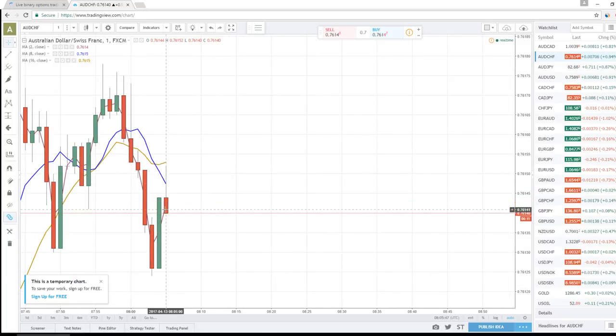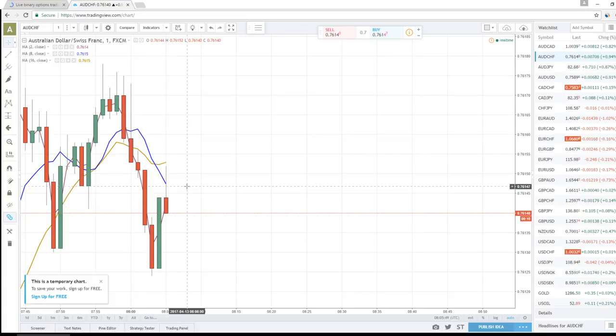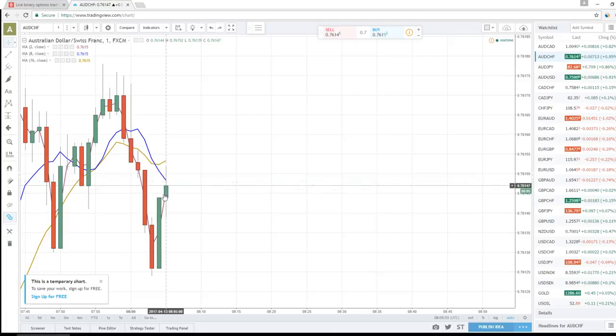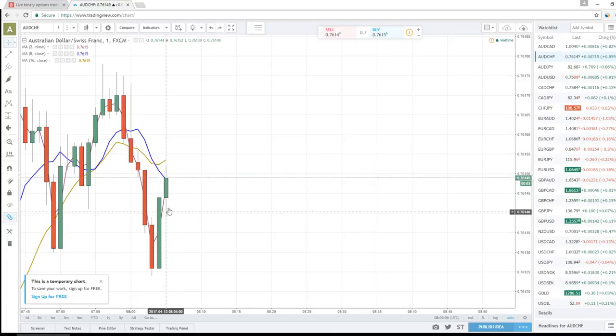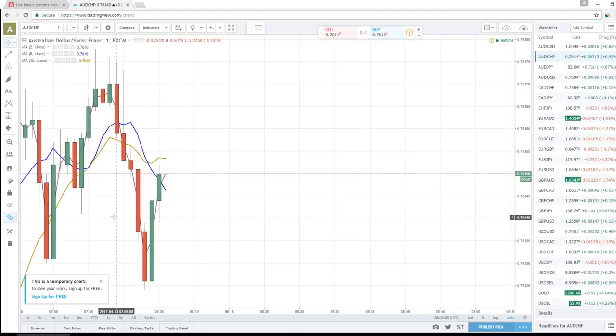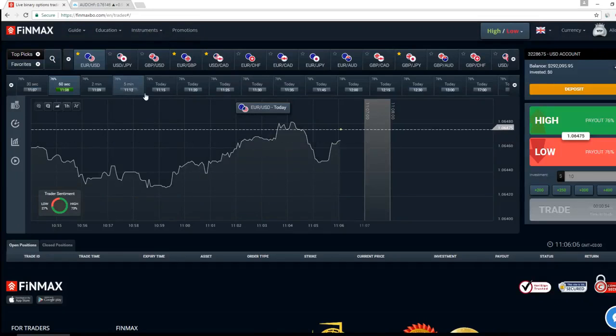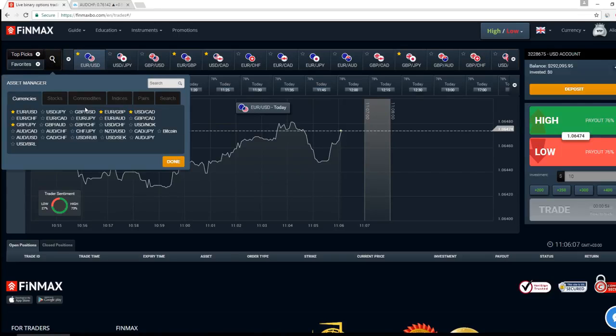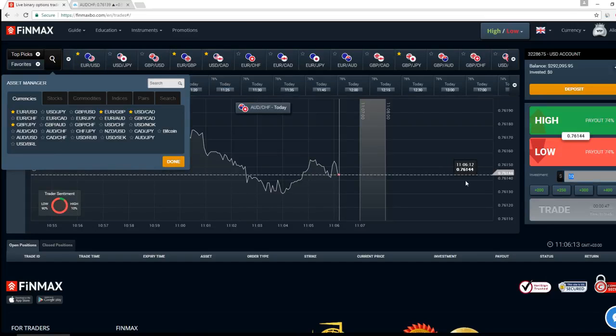This lower moving average has almost crossed these two lines, so that creates a really interesting situation. It already crossed, so I'm planning to open the trade on that asset. Australian dollar to Swiss franc for 1 minute for high.